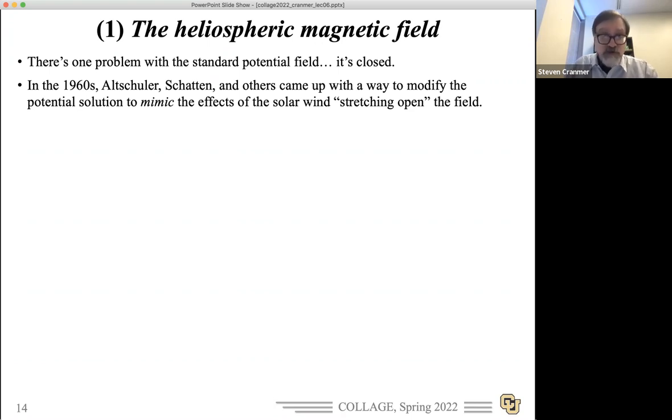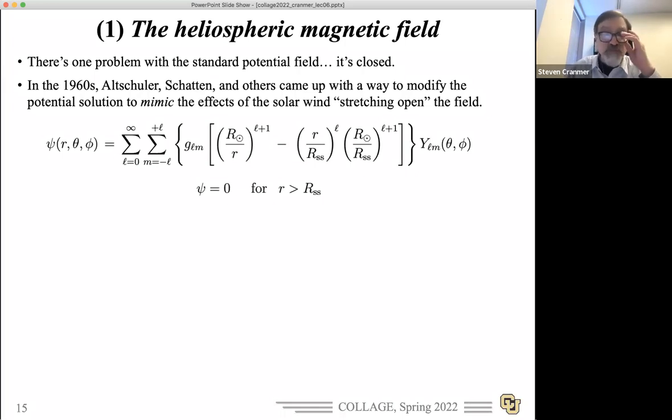So I want to talk a little bit about this technique called the potential field plus source surface idea that Altschuler and Schatten and others worked out. It's really just the same solution that we looked at, but with an extra little constraint on the relative values of the coefficients in front of the two terms, right?